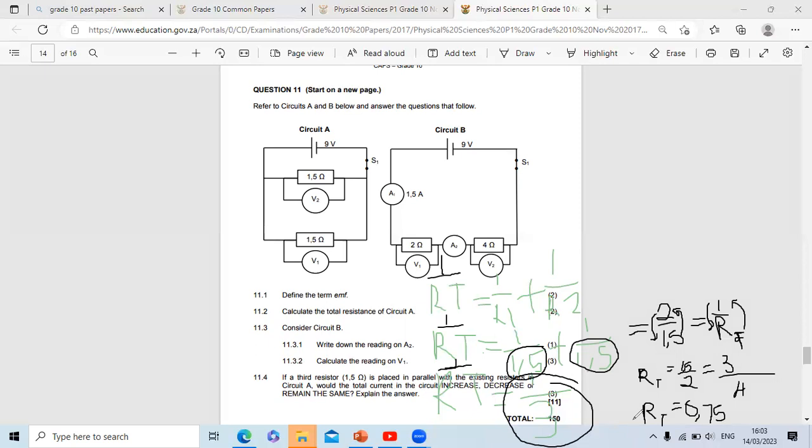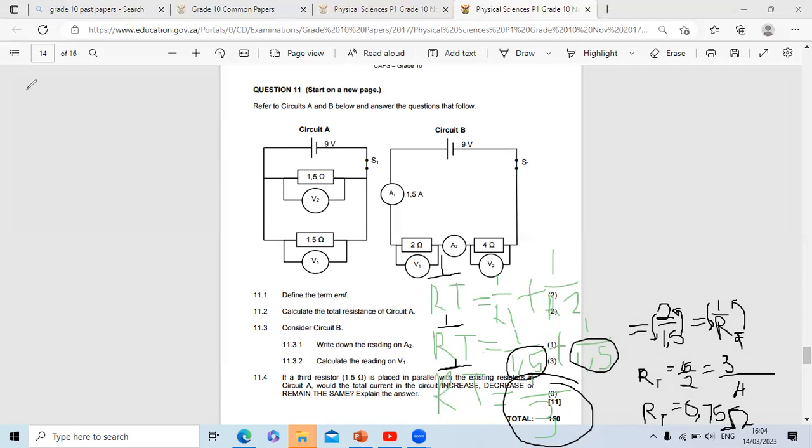If you can't add them like this, use your calculator, get the answer, and you end up with the correct answer. Obviously you have to use the unit, which is ohms. That's the total resistance in A.